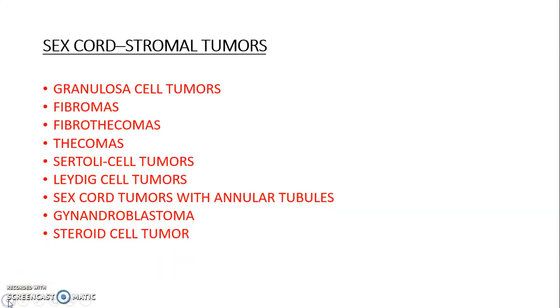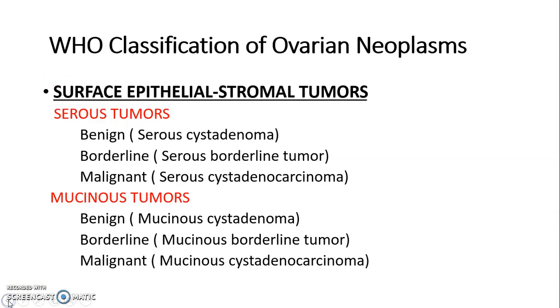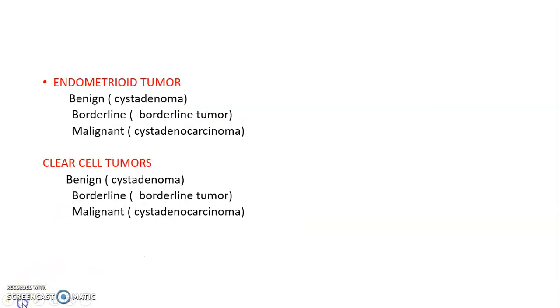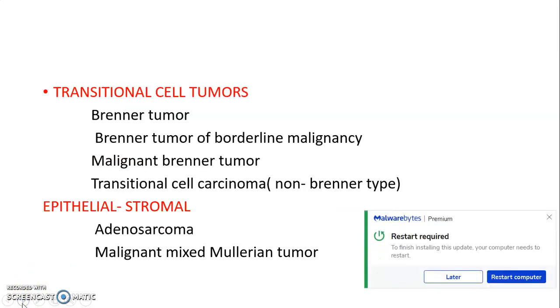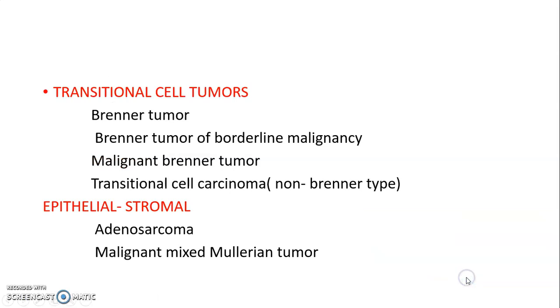So the classification of ovarian tumor is very important. You have to remember number one, surface epithelial tumors, which include serous tumors, which could be benign, borderline, or malignant: serous cystadenoma, serous borderline, serous cystadenocarcinoma. Then mucinous tumors, endometrioid tumors, clear cell tumors, transitional cell tumors, and epithelial stromal tumors.